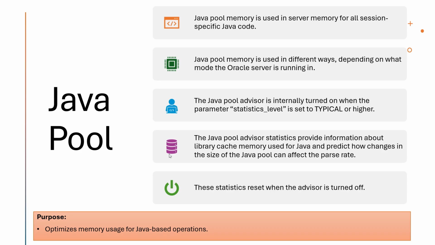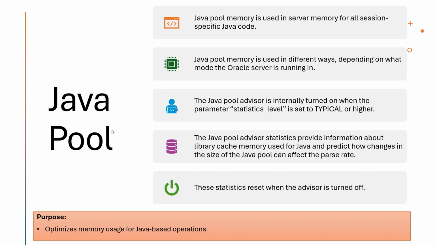Otherwise, Java pool memory will not come into the picture at all. So it purely depends on what application you are using. It optimizes memory usage for Java based operations. So this is one of the optional memory components.